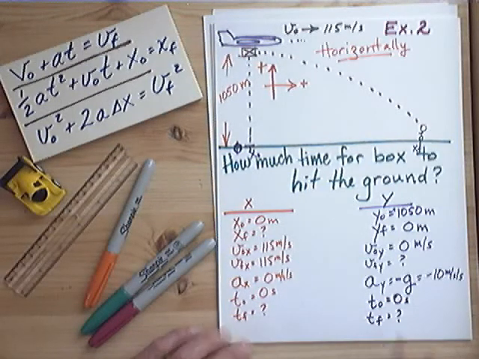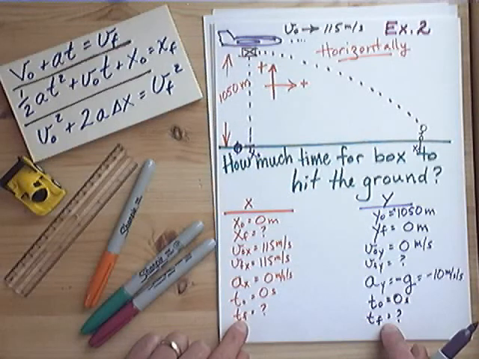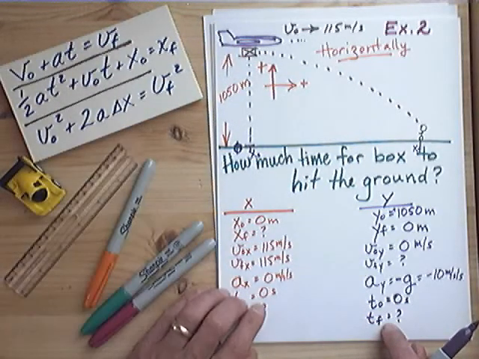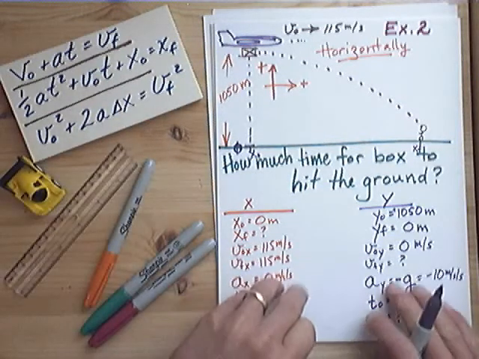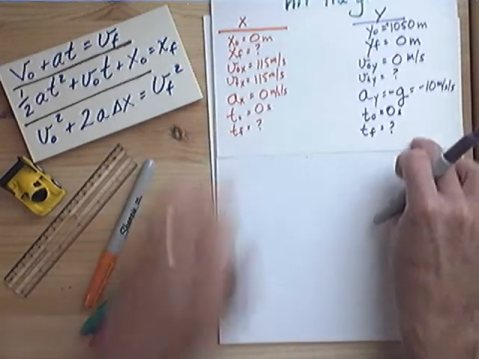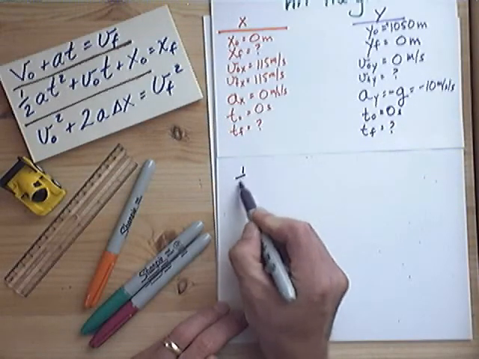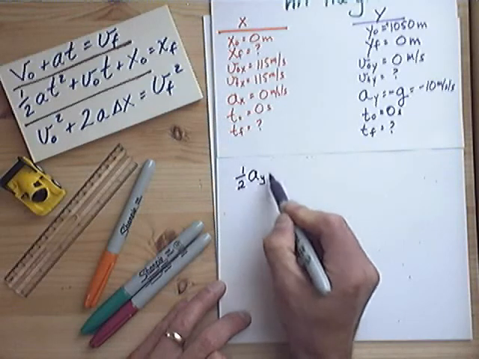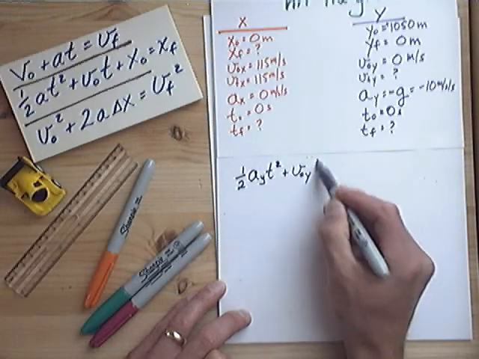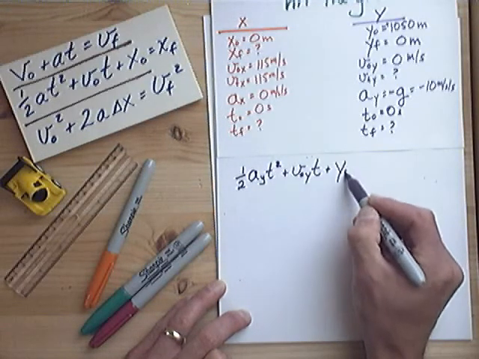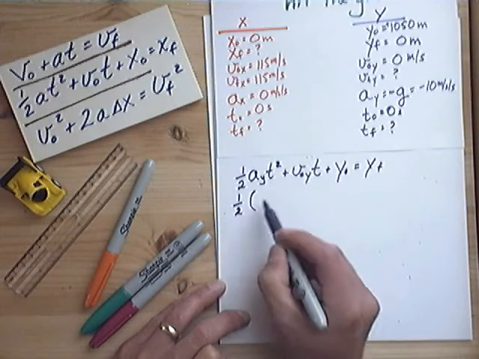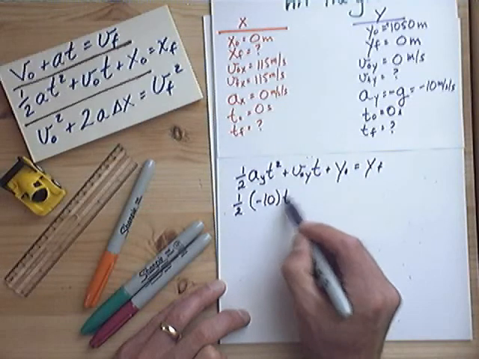Now, one of these is going to give me t final. I'm going to look over here at my equations, and I think I like the middle one. So let's plug that in the y direction. So 1/2 acceleration in the y direction, t squared plus v initial in the y direction, t plus y initial equals y final. 1/2 negative 10 t squared.